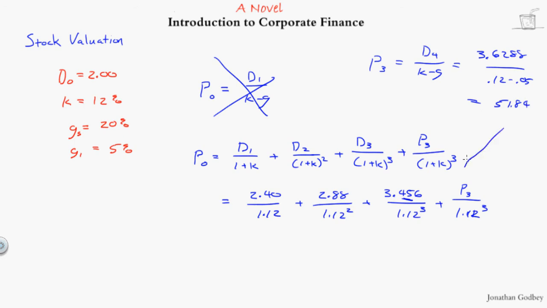So if I put that right here, I come up with $43.80. Okay, so that's the real quick mechanical version of stocks.